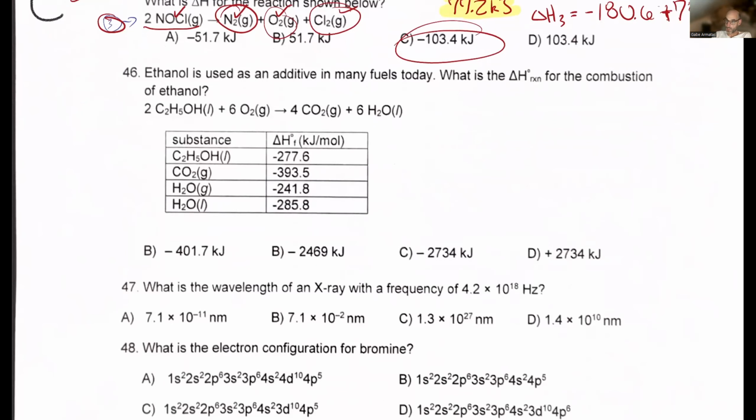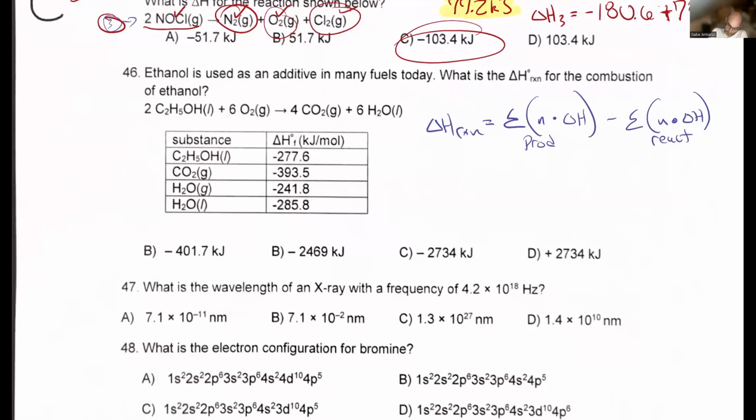So the delta H of reaction is going to equal the summation of the moles times the delta H of formation for all of my products, minus the summation of moles times delta H of my reactants.